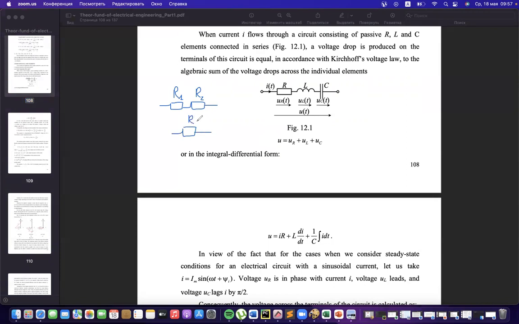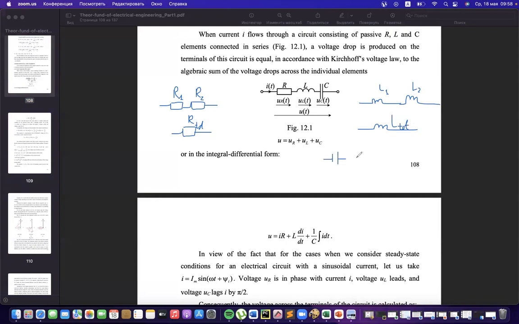For example, if you have 2 resistors, you could add them as total resistivity. If you have 2 coils, you could add them as total inductance. The same for capacitors.